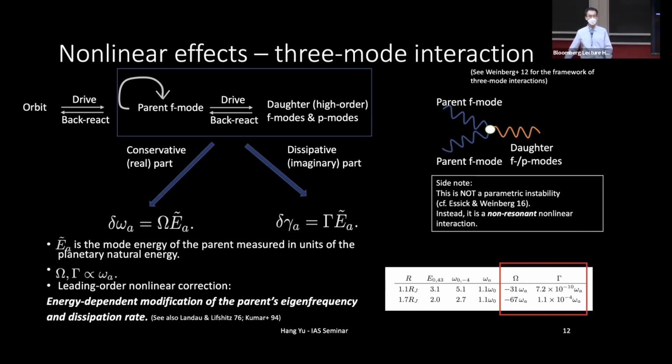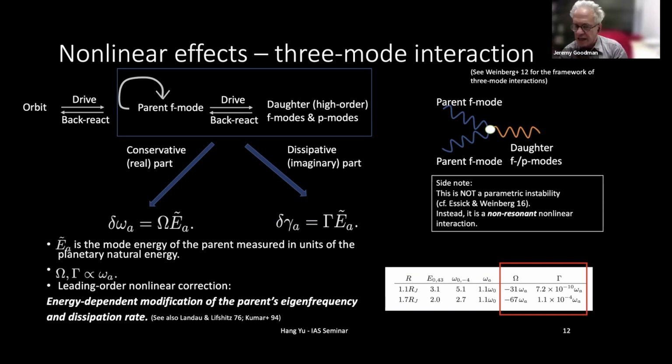Jeremy has a question. Just to be clear, you're not appealing to dissipation by this type of three-mode interaction, just the change in frequency, the anharmonicity that it produces. Is that right?